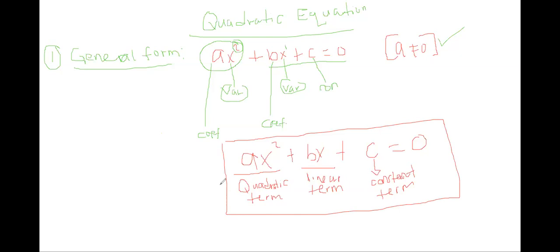Most often people will also try to make the quadratic term stand alone. How do they do that? They divide both sides by a. For example, we have ax to the power of 2 plus bx plus c equals 0.